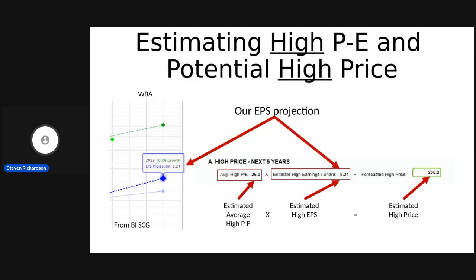So this is probably an aggressive approach to using 25. Might be more conservative to use 20. And then this is the high earnings per share. This is from your estimate. See, I got a little snip over here, $8.21 from what you estimated the earnings per share would be after 5 years. So you multiply those two together, and this is your estimated high price of $205.20.